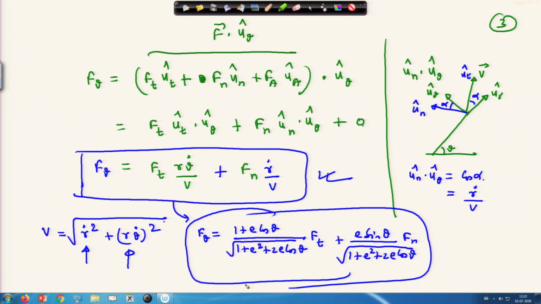Now, what remains is that if r is given, so this dou r by dou a, if it is not in terms of force, then we have to estimate it. Say we have one main body here, and then the satellite is moving around it, and then it is perturbed by a third body.